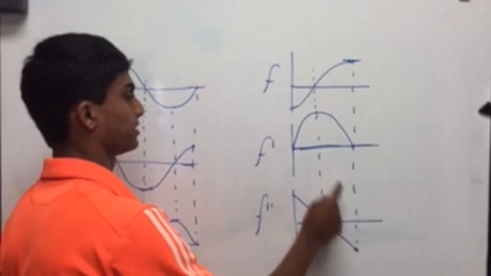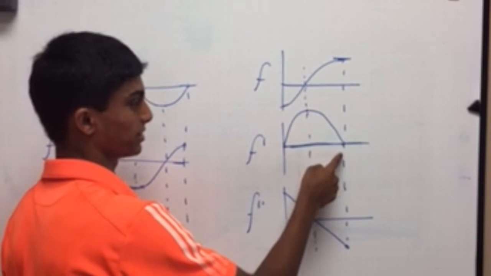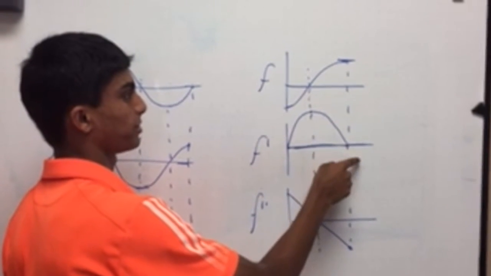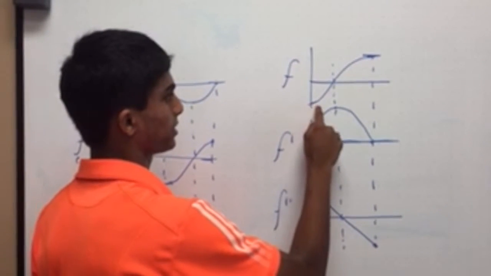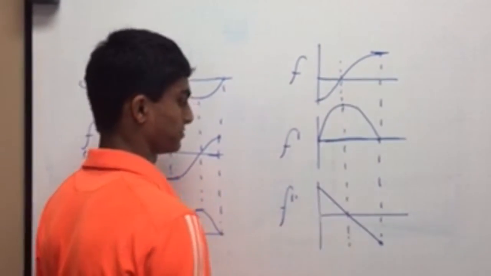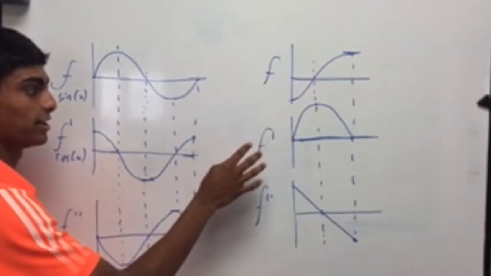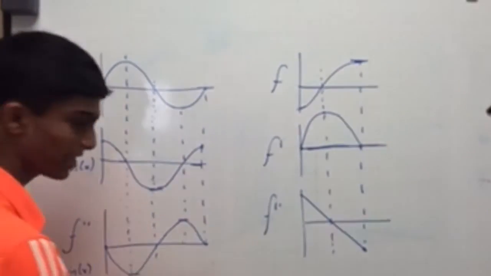This negative acceleration is marked by the fact that this is constantly decreasing and getting more negative, has a more negative slope as it reaches the end of the interval. Therefore, this is constantly decreasing in rate as far as the position. So you have f, position, f prime, velocity, and f double prime, acceleration.